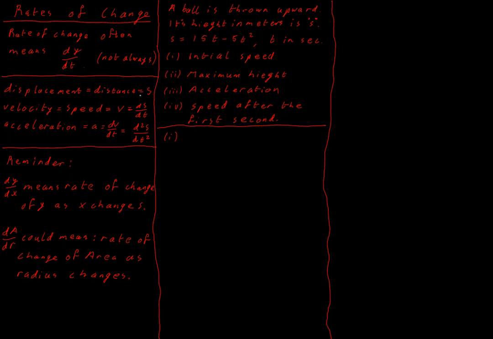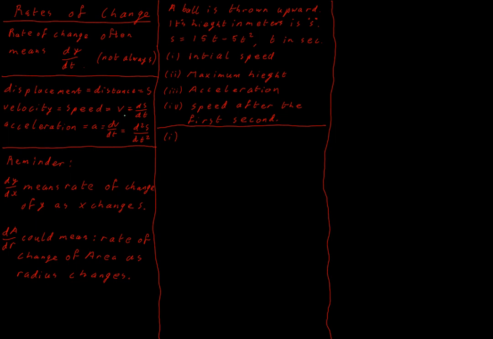So let's look at how this relates to derivatives. If we start out with a displacement of s, our velocity or our speed, which we'll call v, would be how quickly our displacement, our distance, is changing with respect to time. We would have seen this as speed equals distance divided by time in junior cycle. Here we have a more advanced version of it: the instantaneous speed is equal to the instantaneous displacement over the instantaneous time.